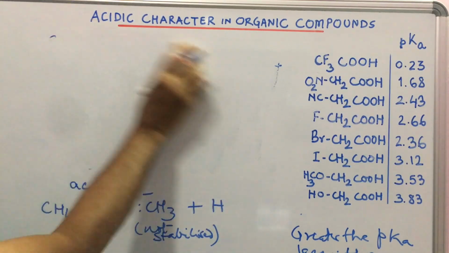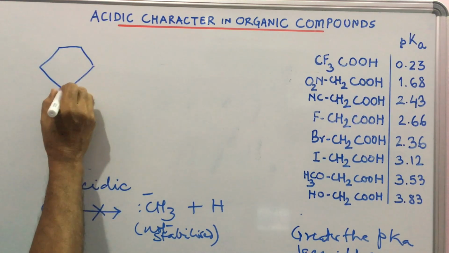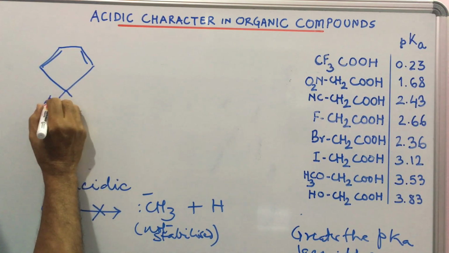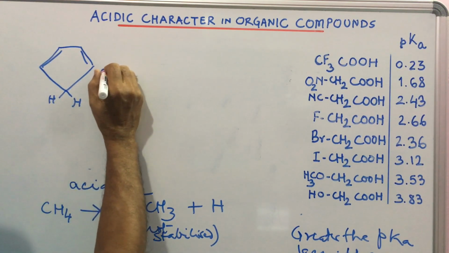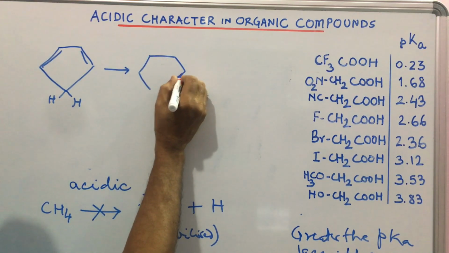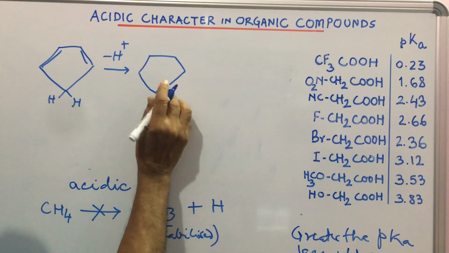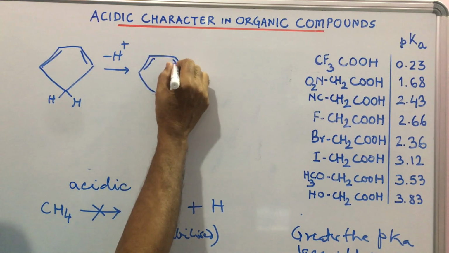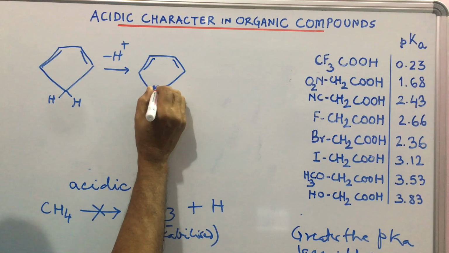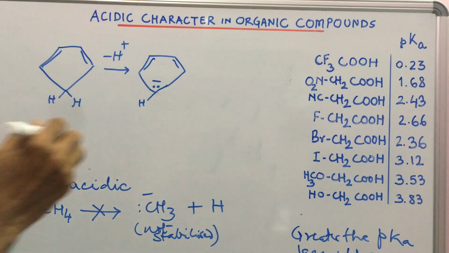One more example, if you take cyclopentadiene, this has 2 hydrogen atoms here. You want to see whether this is acidic or not. If you lose a proton, you are left with an anion here, electron pair here, cyclopentadiene anion.